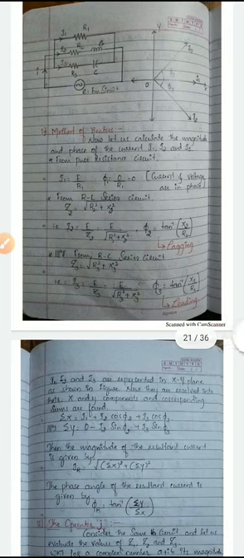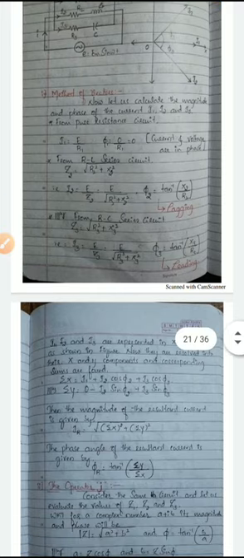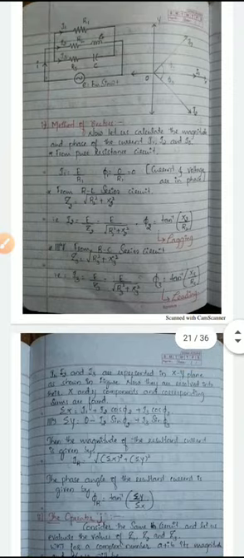Similarly, we will evaluate the value of I2, which is a combination of R2 and L, that is, an RL circuit. In case of an RL circuit, we need to calculate the value of Z, and we know that Z equals the square root of R squared plus XL squared.